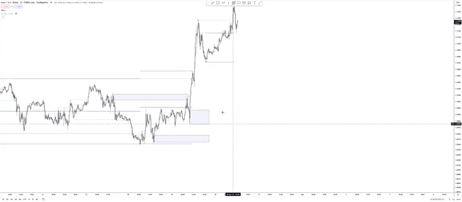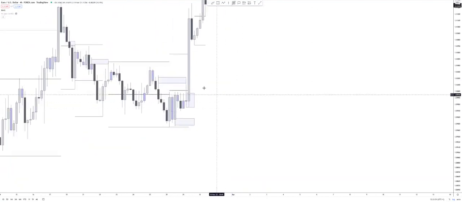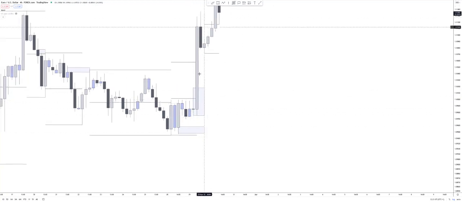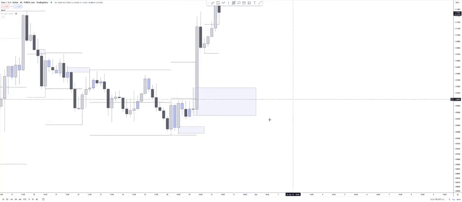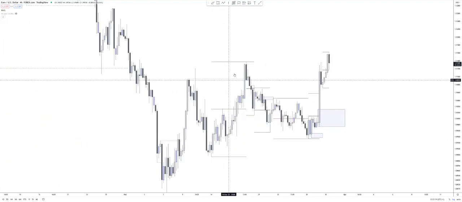I imagine this is also a valid 4 hour area. If we go to the 4 hour as well, and we see, oh yes, just to clean this up a bit, we had this 4 hour sell to buy right here, so that would be our 4 hour zone right there. That looks quite clean, as we've broken structure now on the 4 hour.